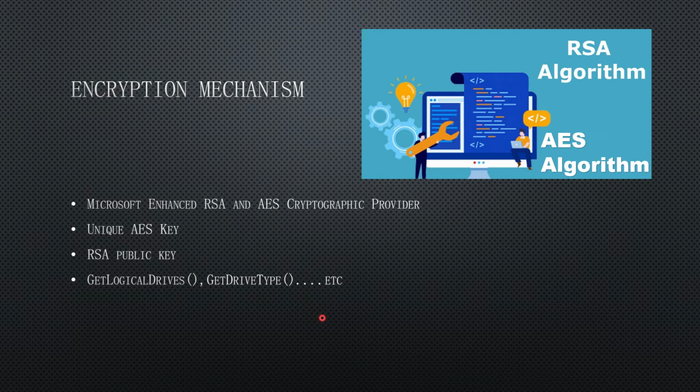So now let's have an in-depth idea of the encryption mechanism of Cryptolocker ransomware. Instead of using custom cryptographic implementation like many other malware families, Cryptolocker uses strong third-party certified cryptography offered by Microsoft Crypto API.